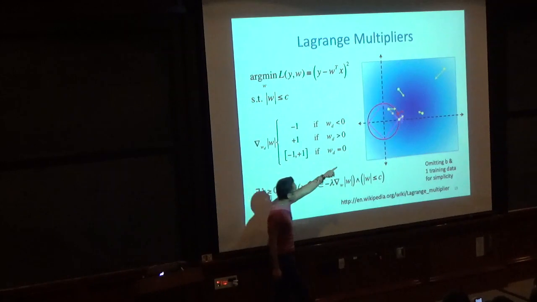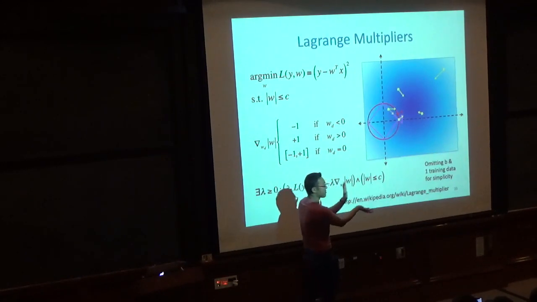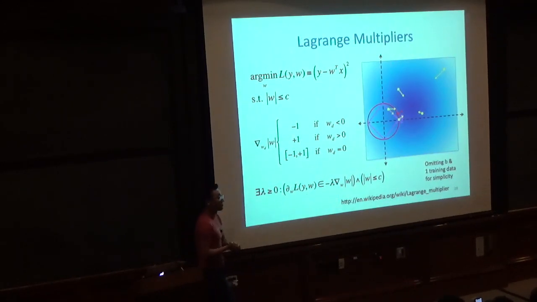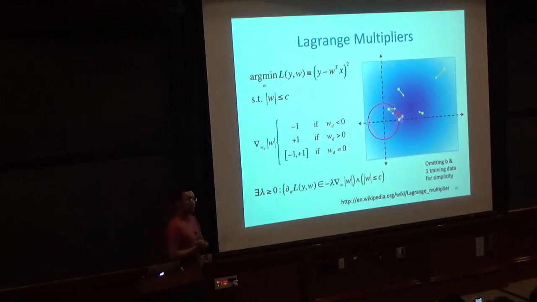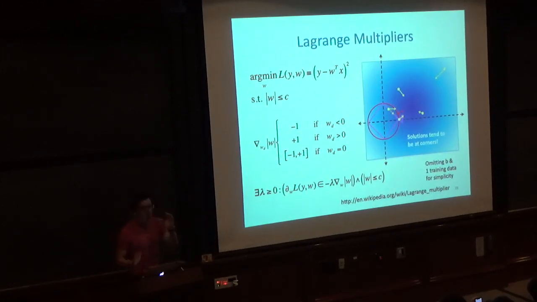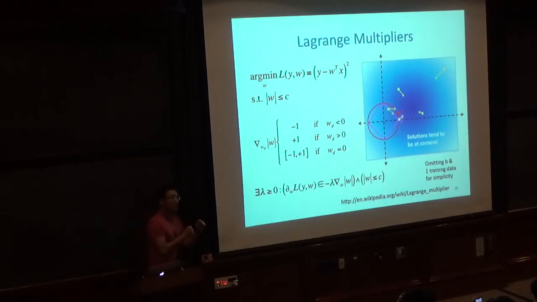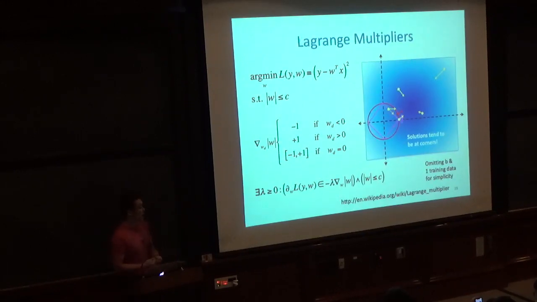In the case where we're at a corner like this, there's a continuous set of tangents. So what this means qualitatively is that when you're regularizing with the L1 penalty, the solutions you find tend to be at the corners of the boundary of the function class.